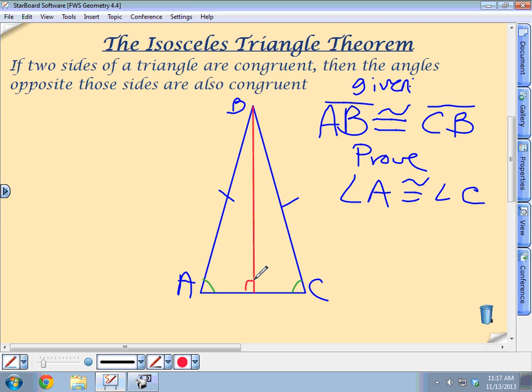I'm just doing my own. And I'm going to call that D. D is going to be the midpoint of my base, AC, and it's going to bisect angle B. Okay? So, what do I know about angle ABD and angle DBC? They're congruent. Why? Based on the angle bisector definition.